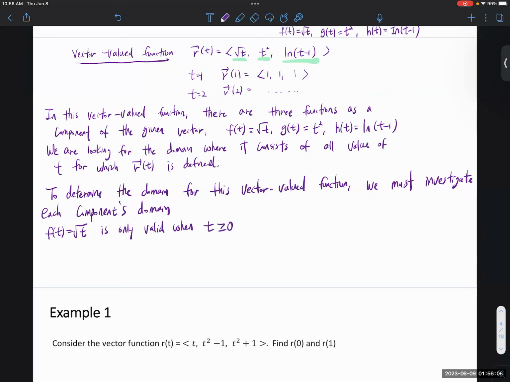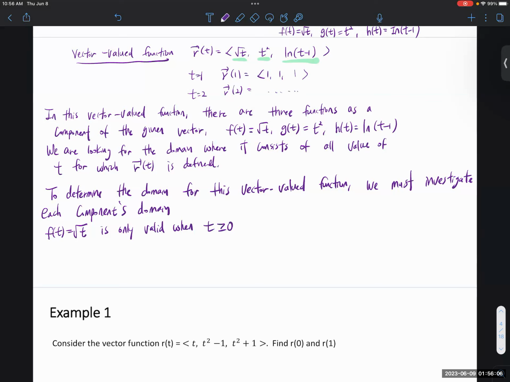The domain of our vector valued function is [2, 4) union (4, 8), where all 3 component functions are valid. So that's your answer.